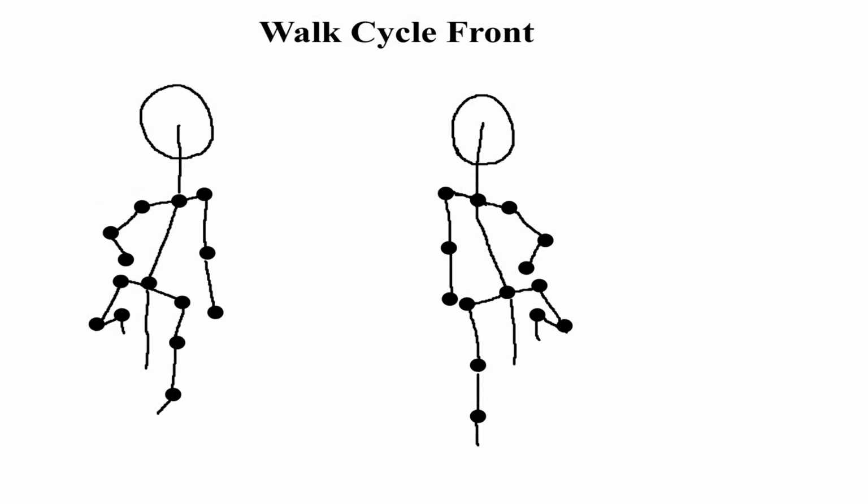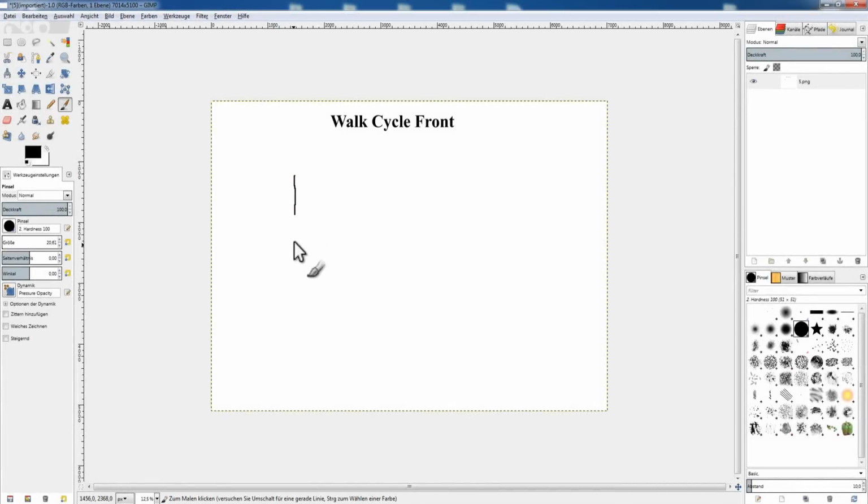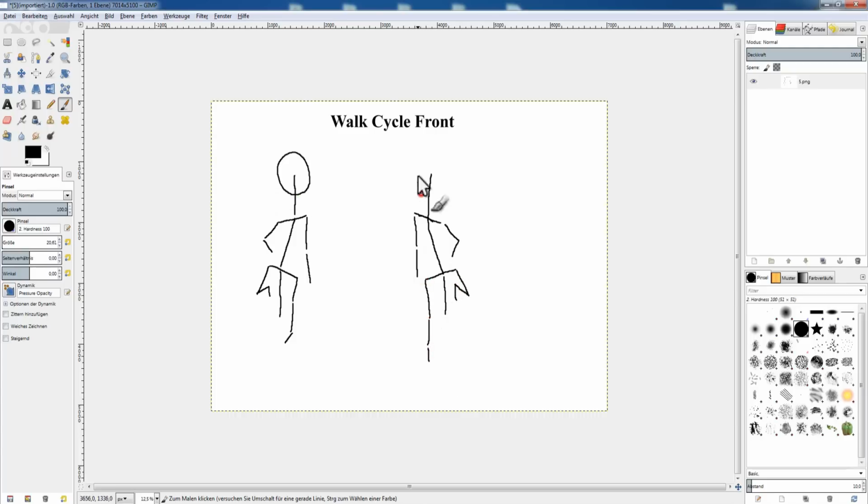Now we come to the walk cycle front, which is also important for the walk cycle. The position of the hip and also of the shoulders is outlined here in an extreme way.